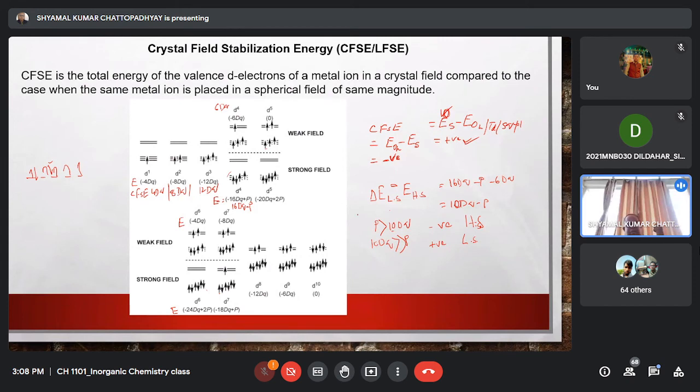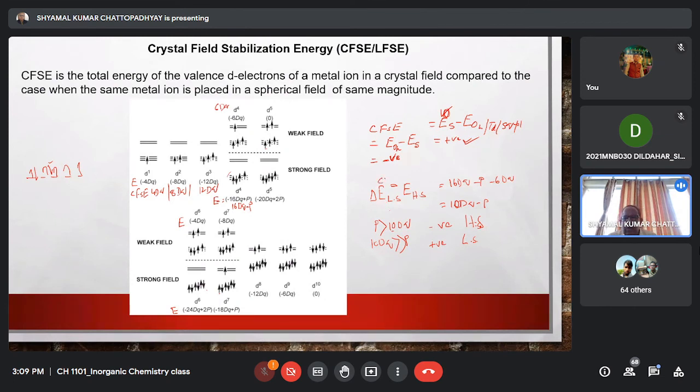If crystal field splitting is larger, the energy required for pairing will be more than compensated by the crystal field. On the other hand, if the crystal field is weaker, then the energy required for pairing cannot be provided by the additional crystal field stability, and as a result pairing will not occur and the high spin system will be more stable. So whether the high spin or the low spin system is more stable depends on this.